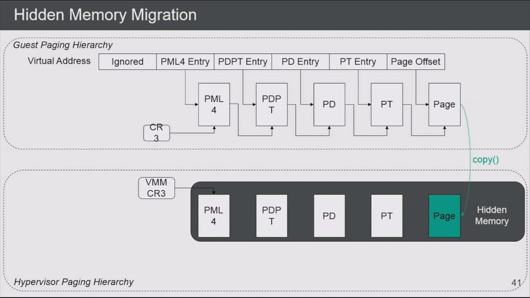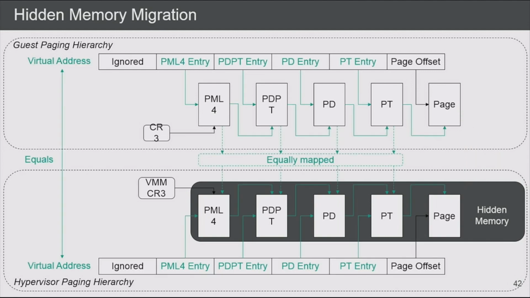And because code pages often contain relative addressing like jumps or branches, we either had to relocate the page's code, or what we did is just simply map it the same way like it's done in the guest. So it has the same virtual address by simply mapping it the same way in our own hypervisor's page tables.